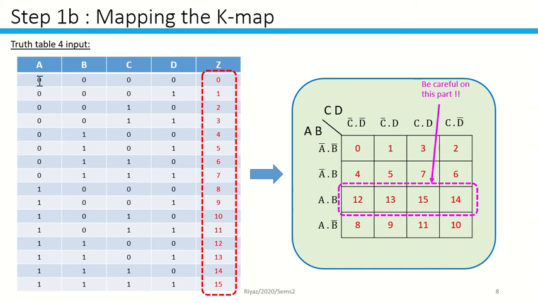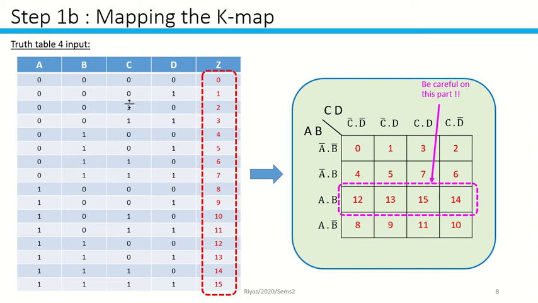When A equals 0 is A bar, B equals 0 is B bar, C equals 0 is C bar, and D equals 0 is D bar. So you're going to have A bar, B bar, C bar, and D bar. That's why you have the first output 0 over here.